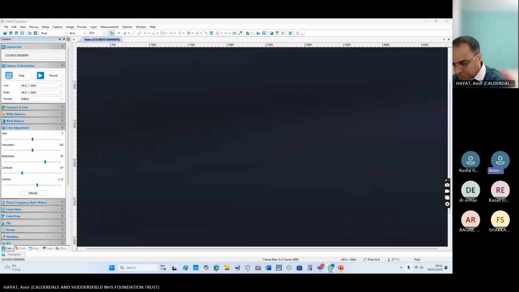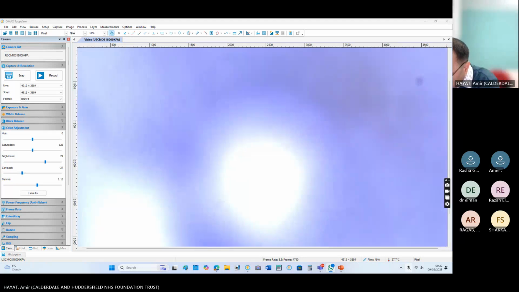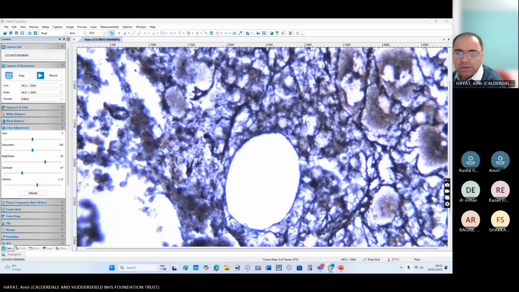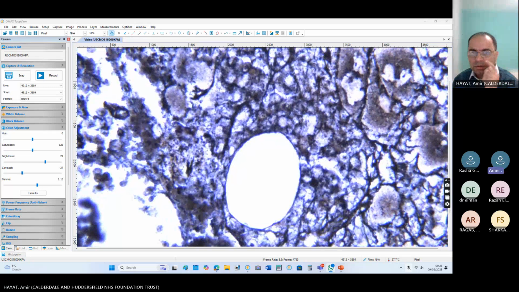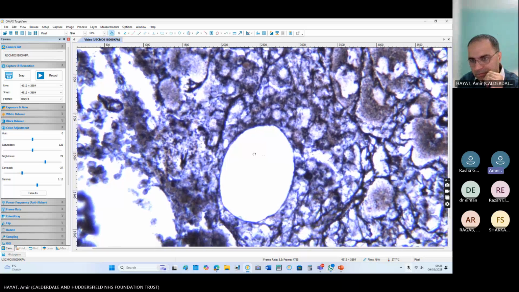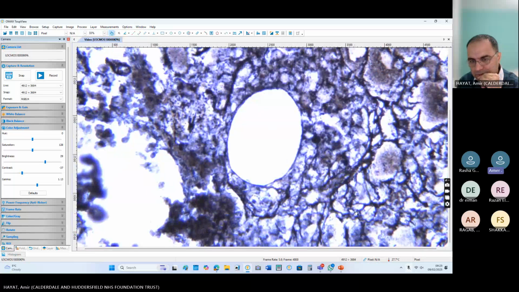Let me make it bigger for you. You can see it is all fibers intermingling. These are all intermingling. So this patient has myelofibrosis, grade 3.